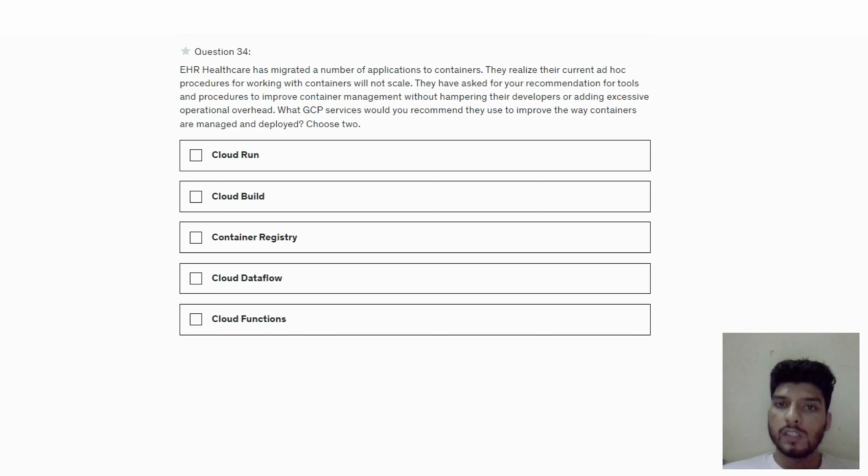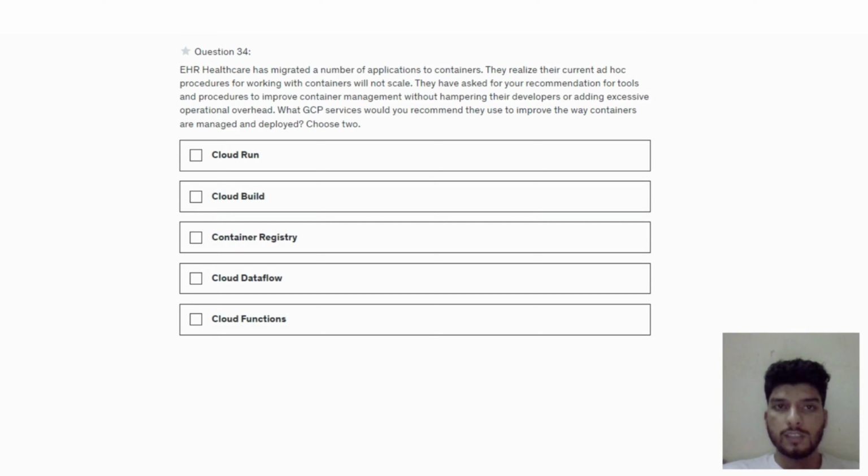What GCP services would you recommend they use to improve the way containers are managed and deployed? You have to choose the correct answers from the options available. The first option is Google Cloud Run, the second is Cloud Build, third is Container Registry, fourth is Cloud Dataflow, and the last is Cloud Functions.